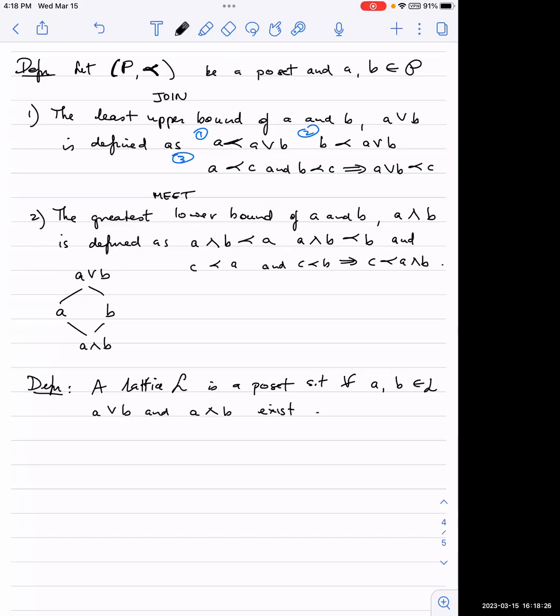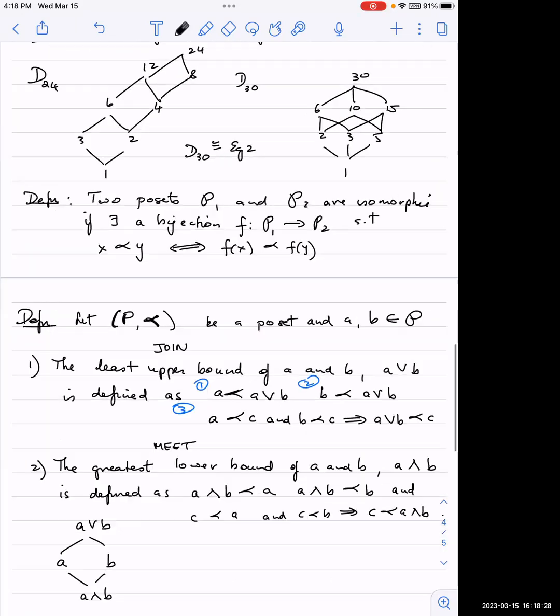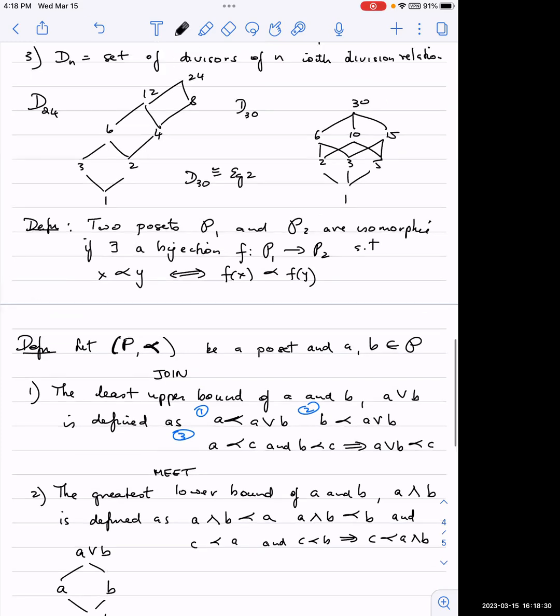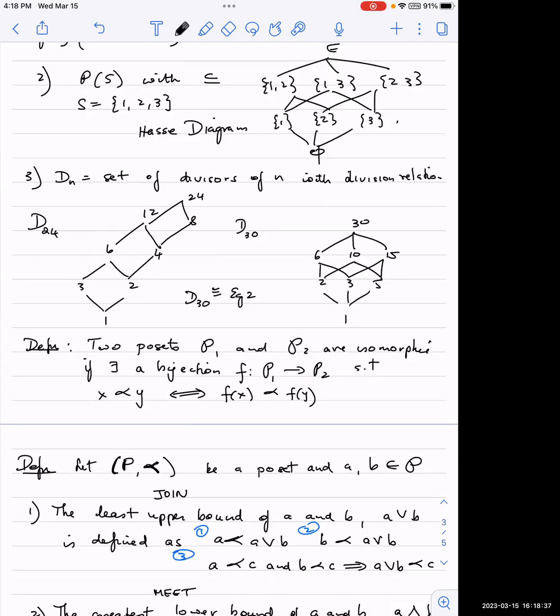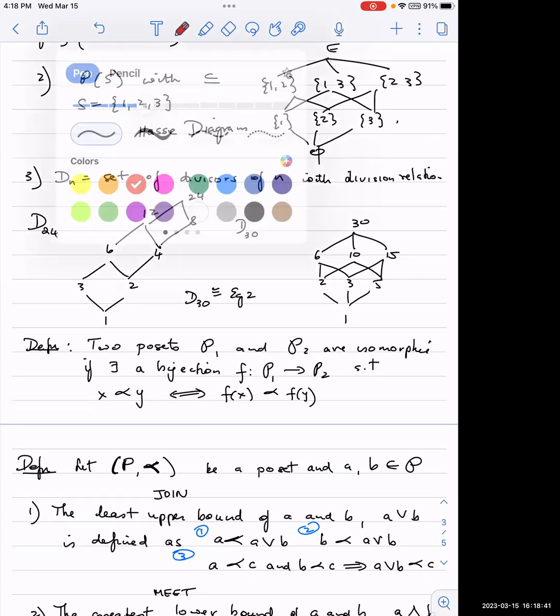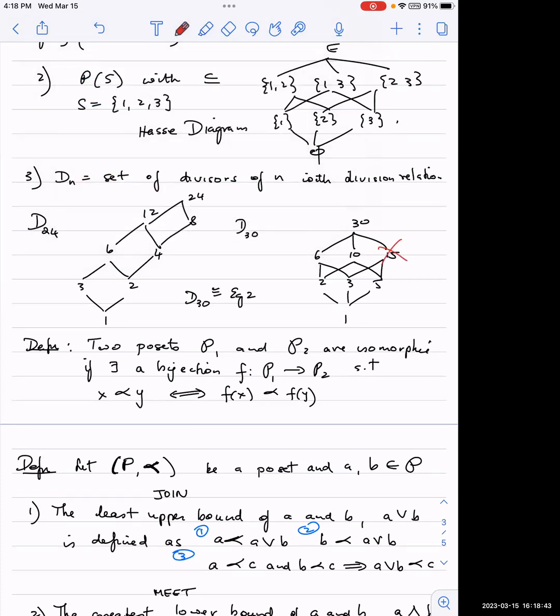So actually our examples here, I think, are lattices. And if you want to see a partially ordered set that is not a lattice, just take out one of these entries. So you take out something there and you'll get something that's not a lattice.